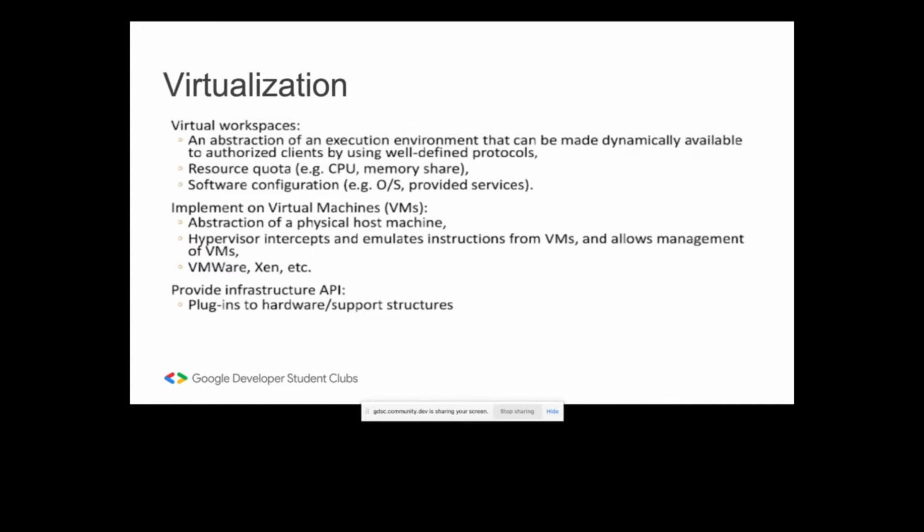Virtualization. So, what exactly is virtualization? It is an abstraction of an execution environment that can be made dynamically available to clients. There's a resource quota, there's software configuration, and it is an abstraction of a physical host machine.